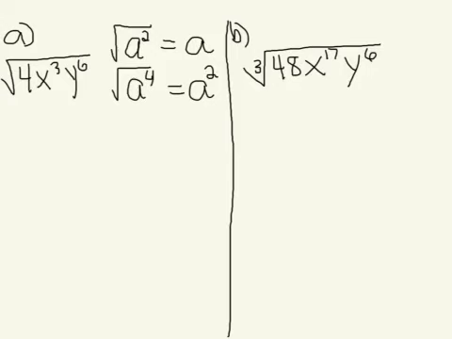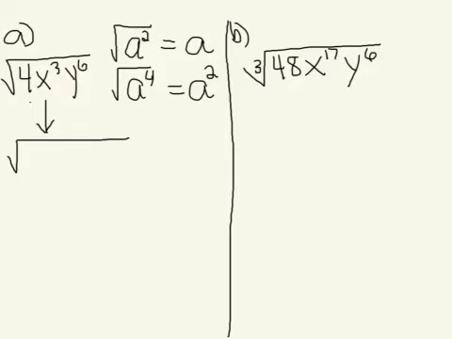So to solve this problem here, the first thing you would want to do is factor all of these bases into their prime factors for the coefficient, and then also break down the variable factors into an even power, plus any extras, for example when the power is odd, we're going to break that part out.